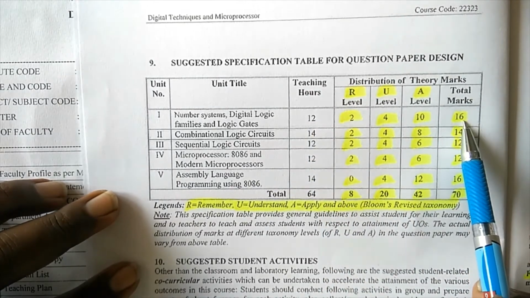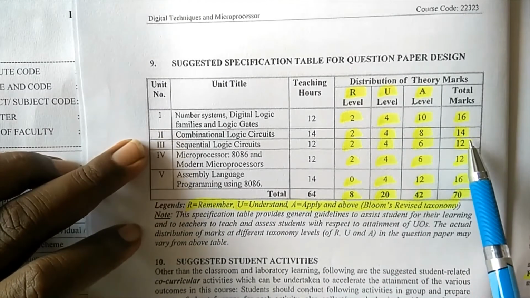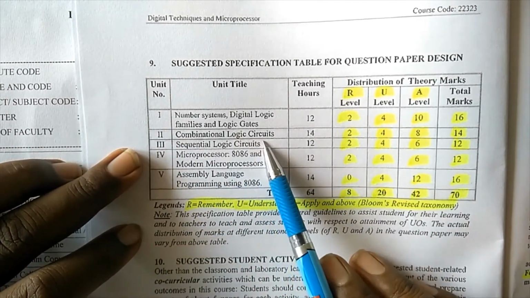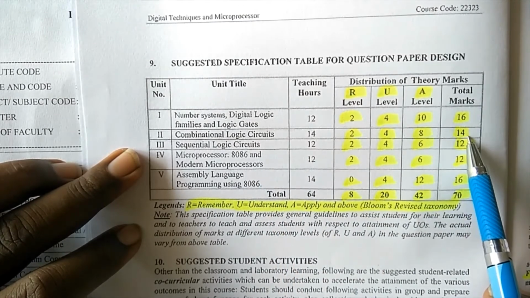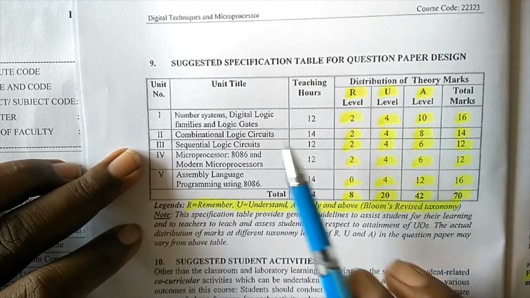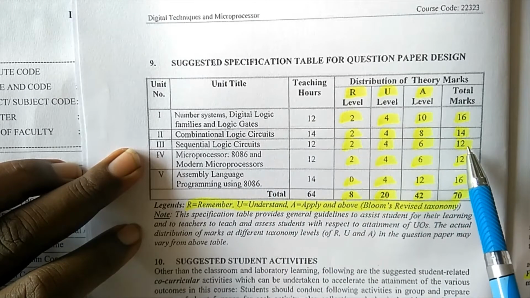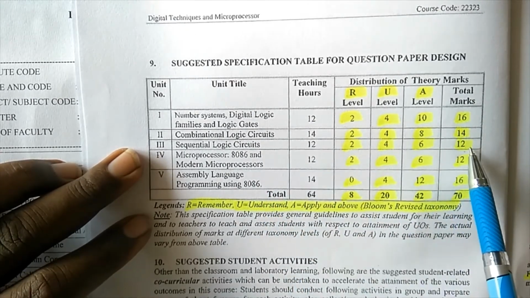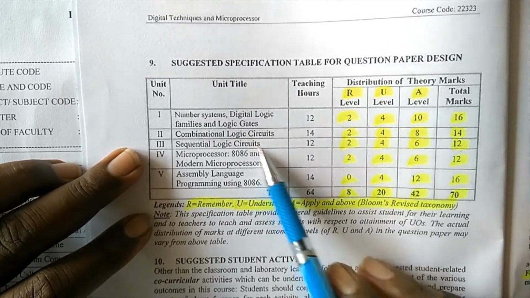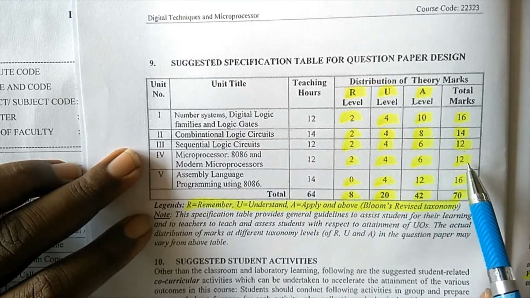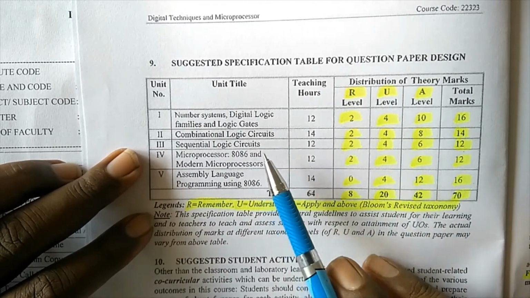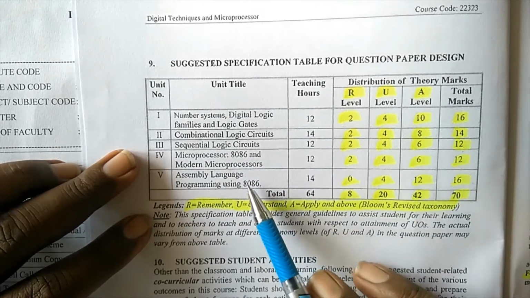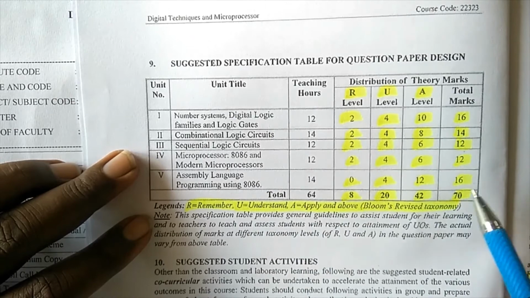From unit 2, combinational logic circuits, 14 marks of questions will be asked. From unit 3, 12 marks of questions will be available. Again 12 marks of questions from unit 4, and 16 marks of questions from unit 5. Total 70 marks.